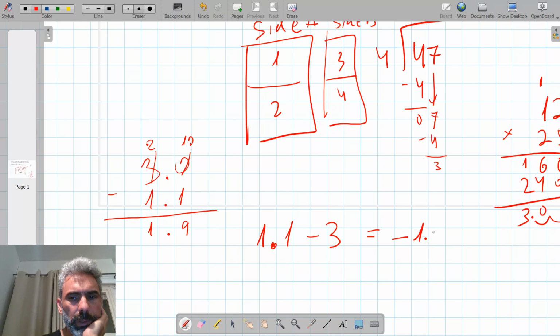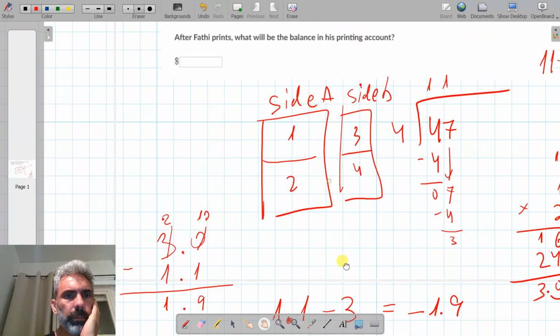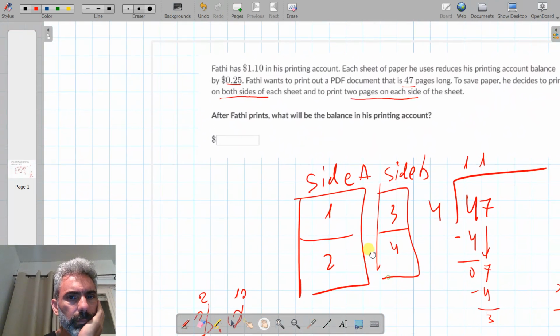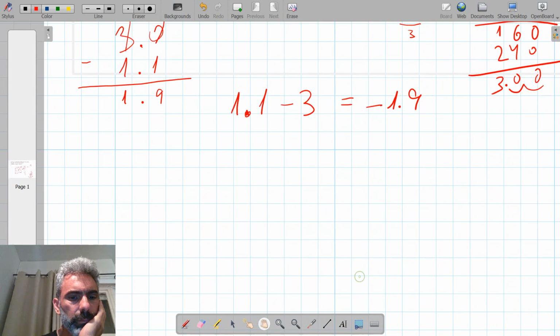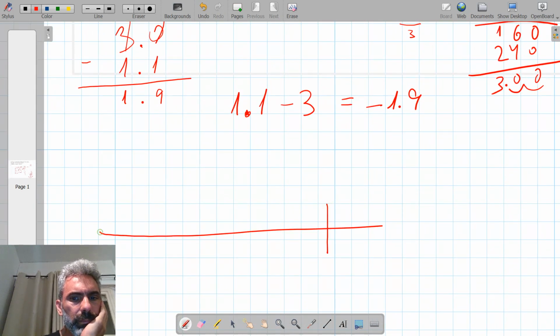So it is minus 1.9. So 1.1, I need to subtract 3.